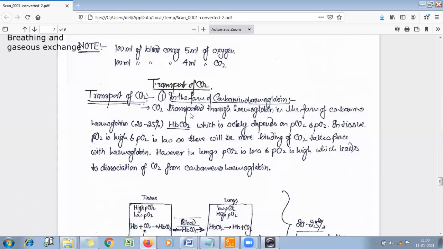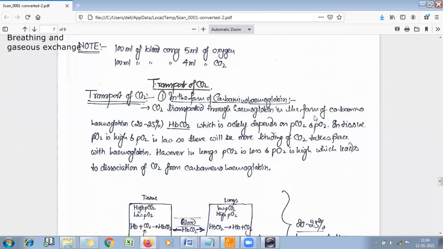The binding of hemoglobin with carbon dioxide depends solely on the partial pressure of carbon dioxide and the partial pressure of oxygen. In the transportation of oxygen, four factors were responsible, but in the transportation of carbon dioxide, mainly two factors are responsible: one is the partial pressure of carbon dioxide, and second is the partial pressure of oxygen.